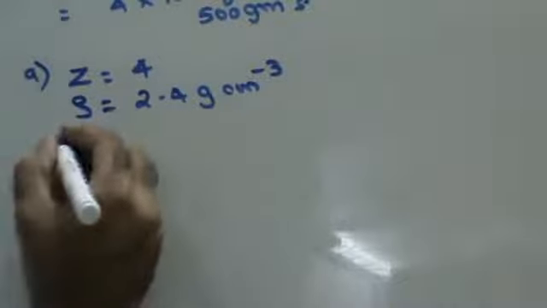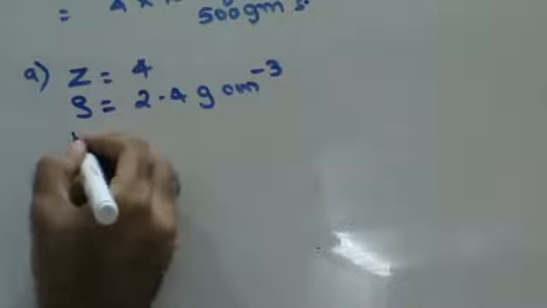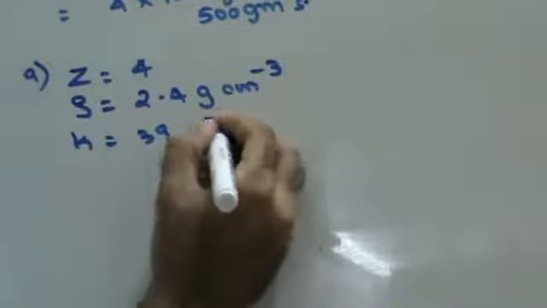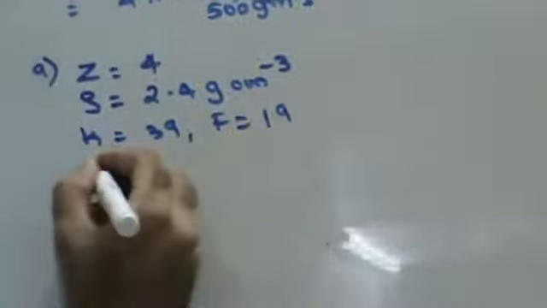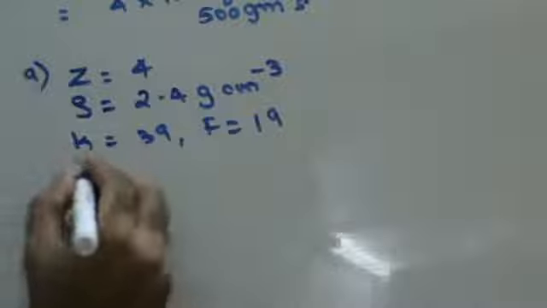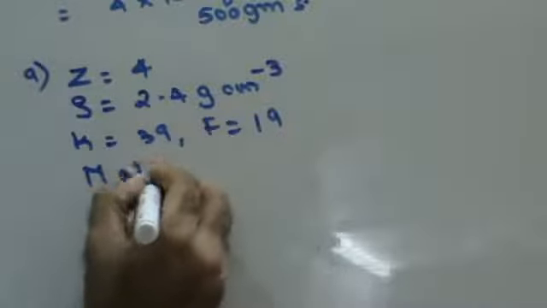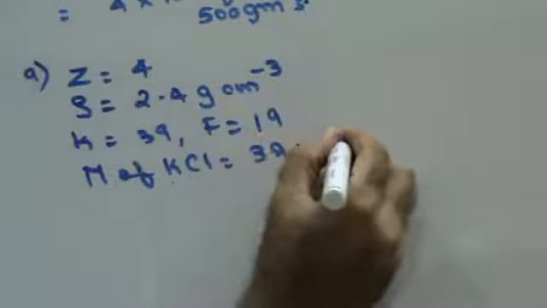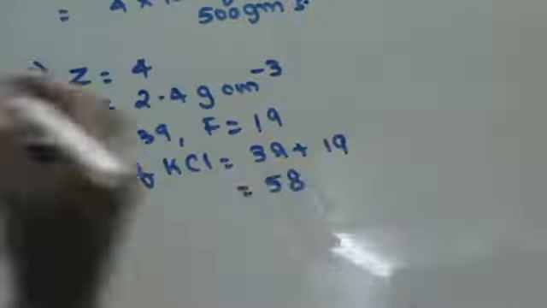Right? Atomic mass of potassium is 39 and fluorine is 19. So in that case, I can say that the molar mass of potassium fluoride will be 39 plus 19, that is 58.